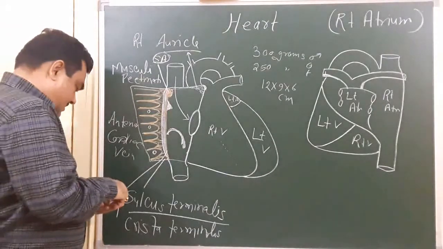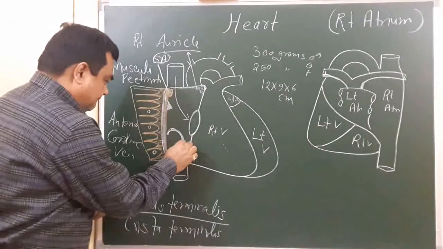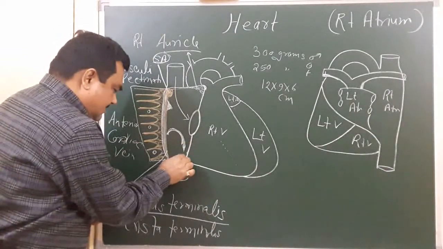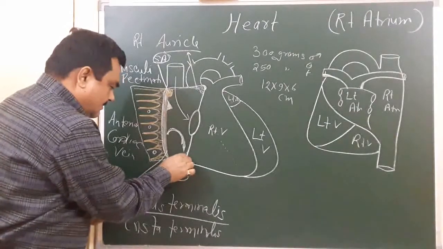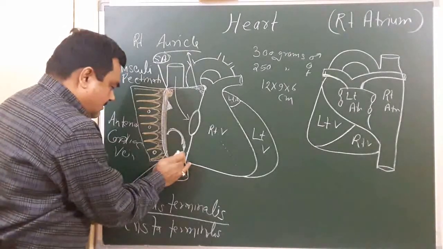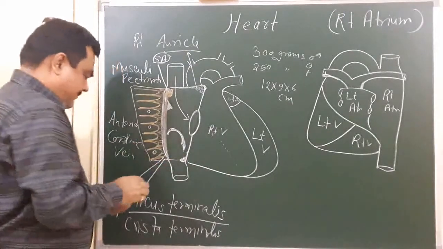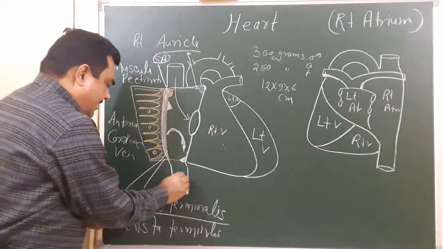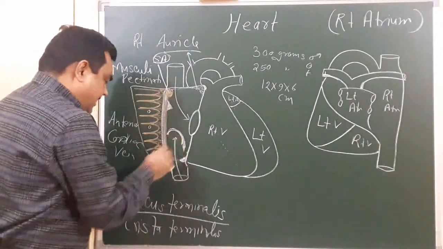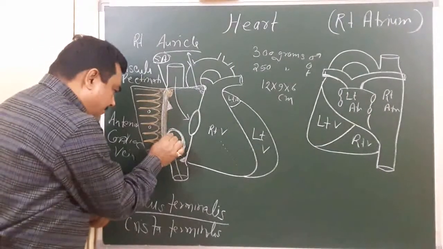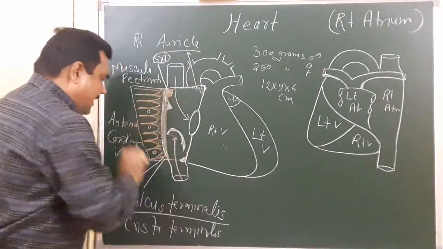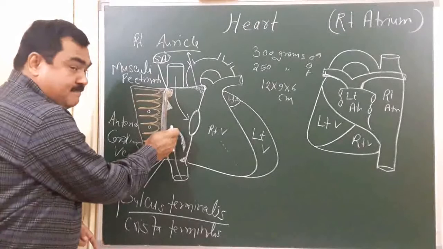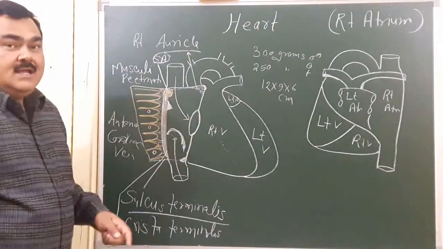And here is another ridge, known as the Eustachian valve. During embryonic life, it directs blood flow towards the foramen ovale, through which the blood passes and goes into the left atrium.